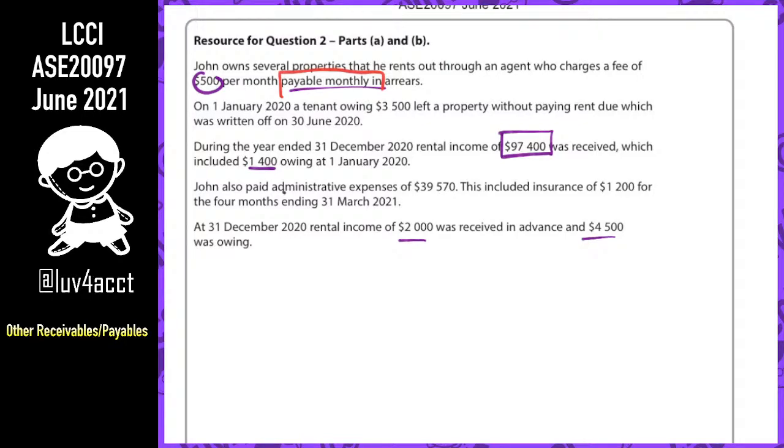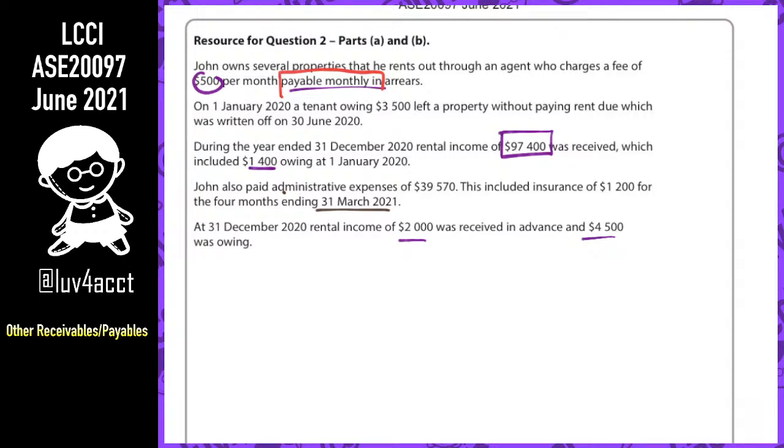Admin expenses 39570. This included in it, be careful, 1200 for the 4 months ending 31st March. Our year end is 31st December.